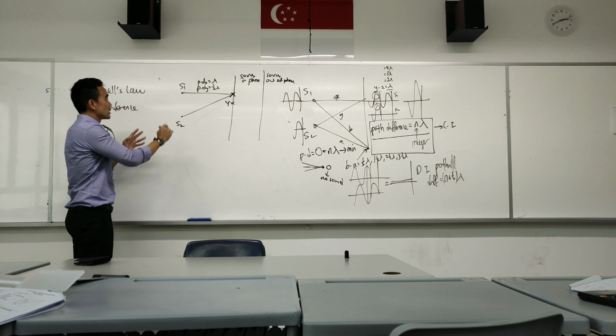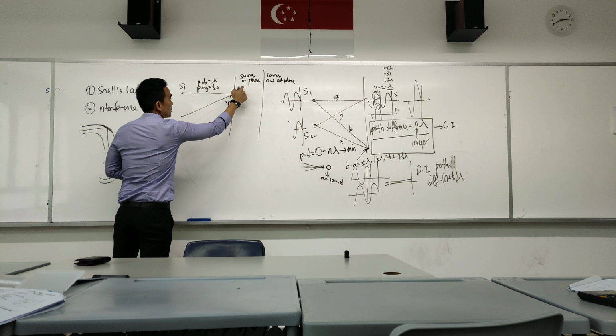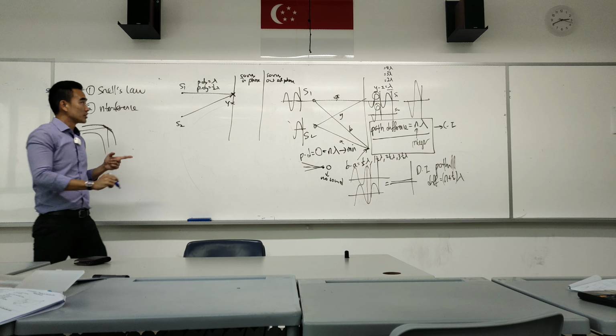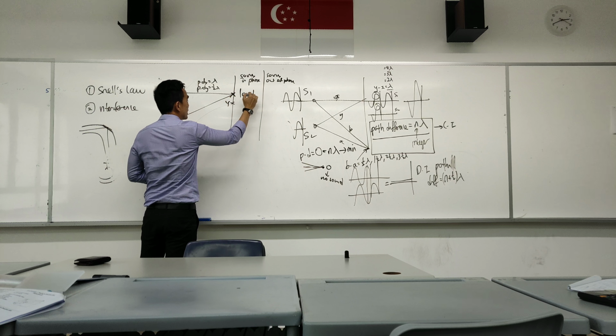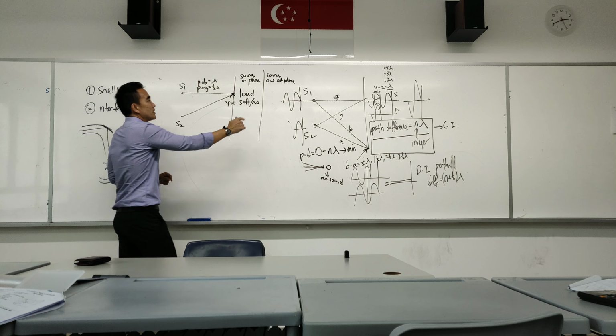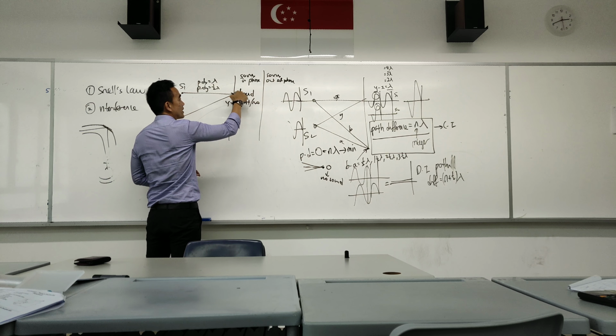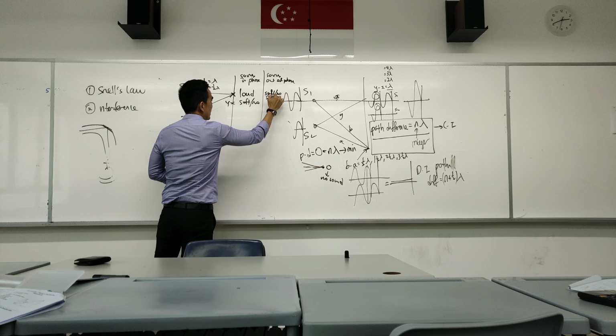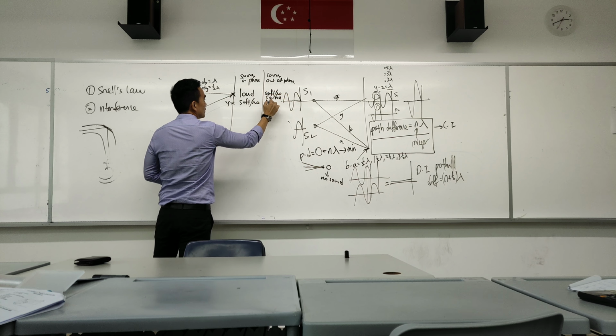If the sources are in phase, at point x, is it constructive or destructive? Constructive, exactly. So you hear loud, and at y you hear soft or no sound. I'll explain why soft later on. Now, if the sources are out of phase, at point x, what do you hear? Soft or no sound, yeah? And then at y you'll be loud.